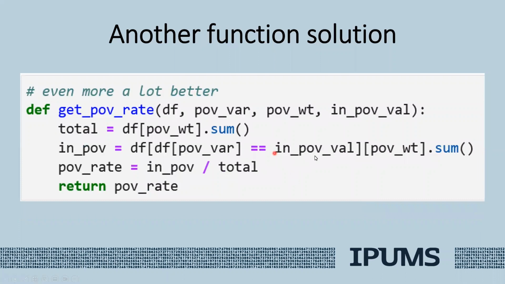But if we pull that value out and make it an argument to our function, then we can apply the same logic to maybe a different poverty variable that we got from a different source that has a different coding scheme, and we'll still get correct results out of this logic. So we can reuse this logic in more situations.